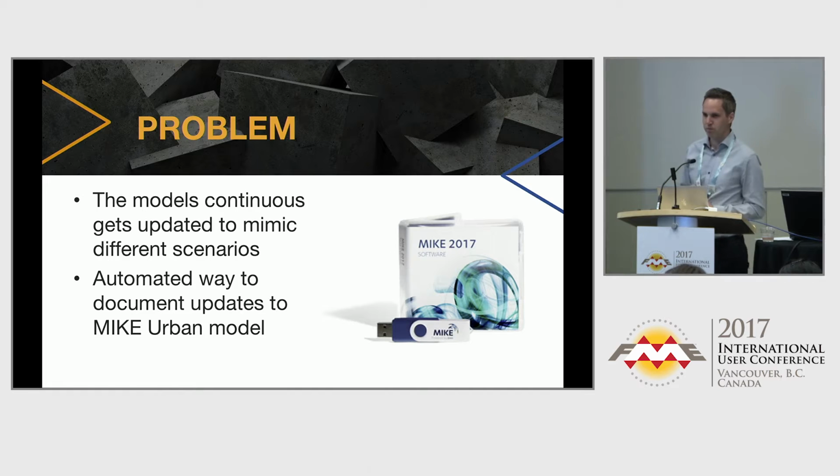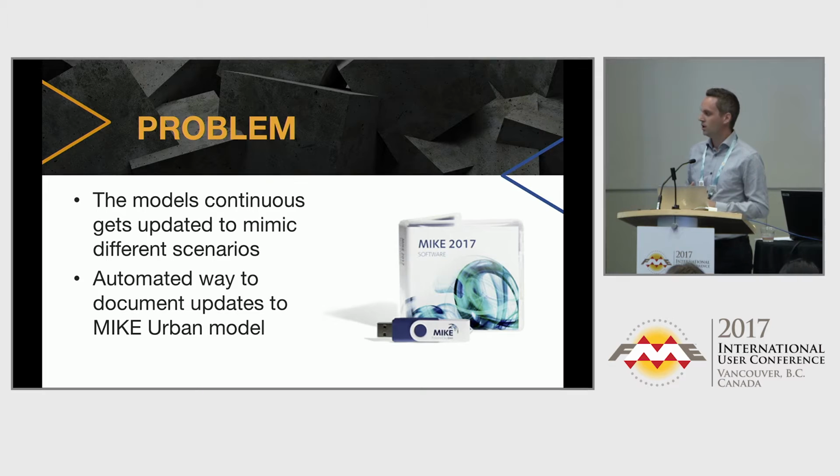Yeah, so the problem that we have is that we normally take a start in a status model, as we call it. So we import all the piping information from the pipe database from the municipalities. We find out where there are problems, and then we want to mimic some different scenarios in order to cope with or solve the problems that they have. It could be many scenarios, typically 2 or 3.